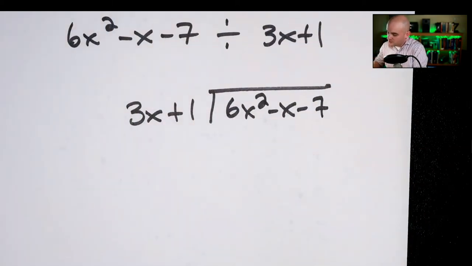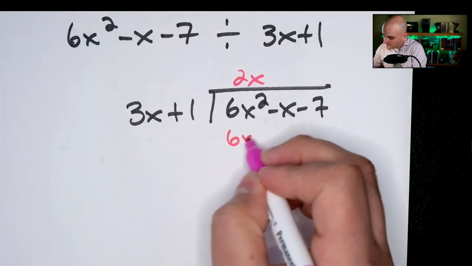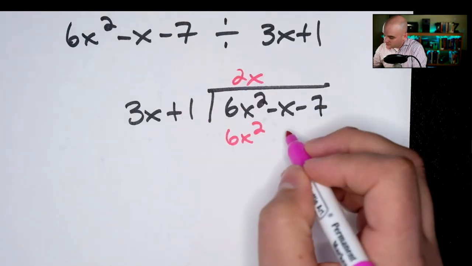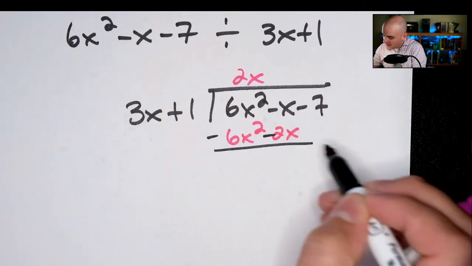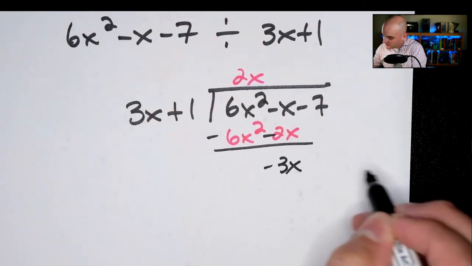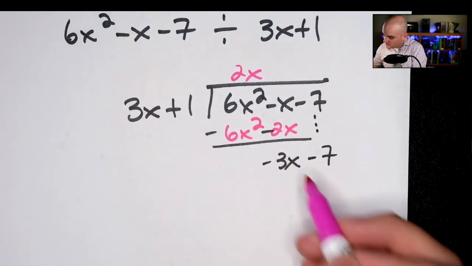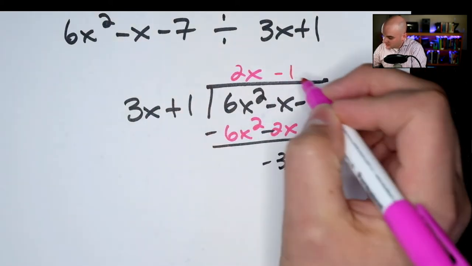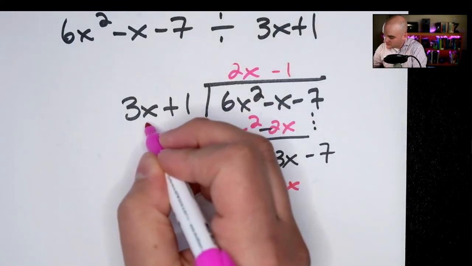3x goes into 6x squared 2x times. Multiply. 2x times 1 gives me 2x right here. I'm going to flip those signs and add. And I get negative 3x. Bring down the negative 7. 3x goes into negative 3x a negative 1 times. Multiply. Negative 1 times 3x.